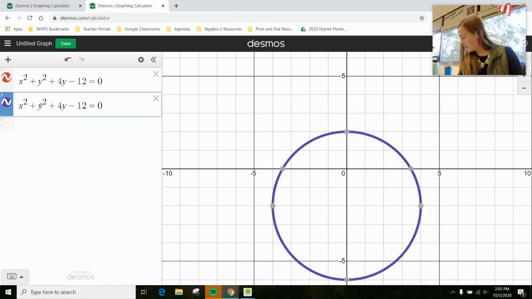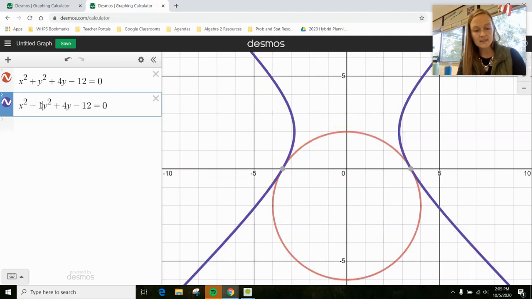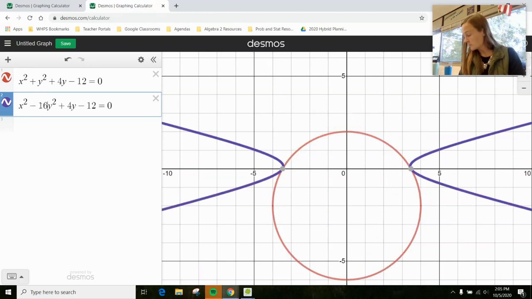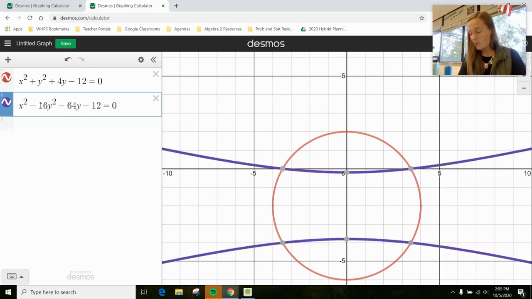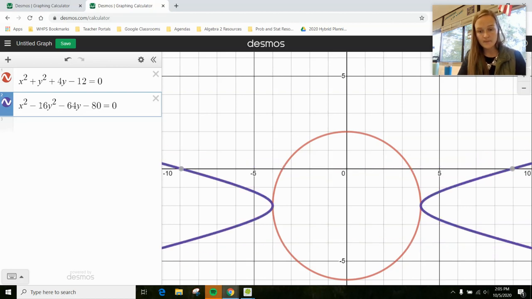And for my other one, I've got x squared minus 16y squared minus 64y minus 80 equals 0. And here you can see I only have 2 points of intersection.